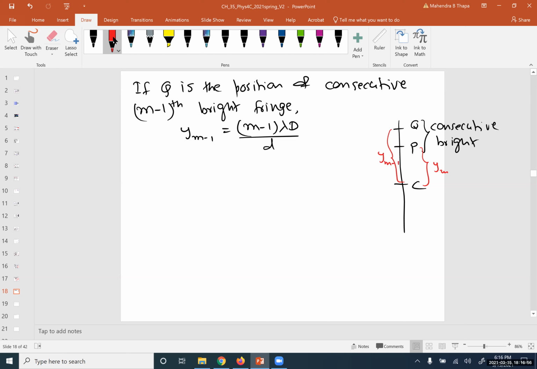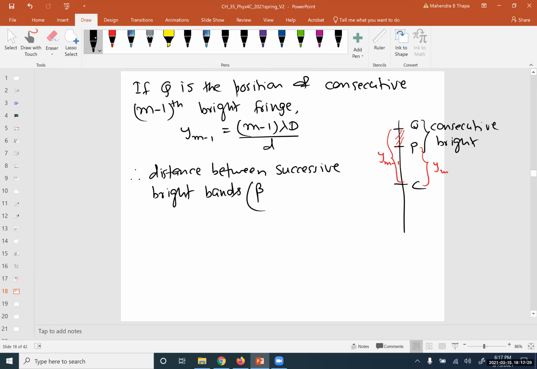If you want to find the difference between two consecutive bright spots, the distance between successive bright bands, bright spots or bright fringes, we can use any symbol, say beta.